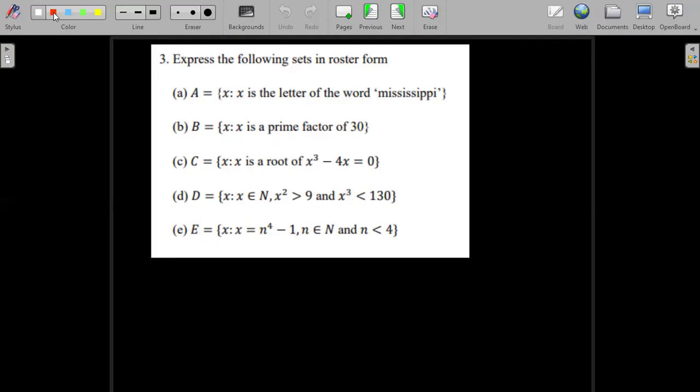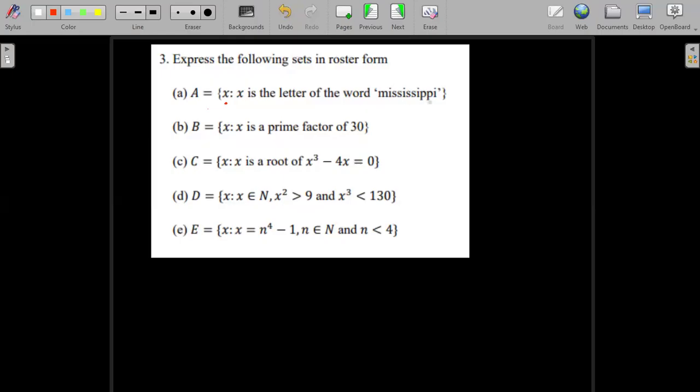So we have part A there, which is a set A. We can read this: set A is the set of X such that X is a letter of the word Mississippi.